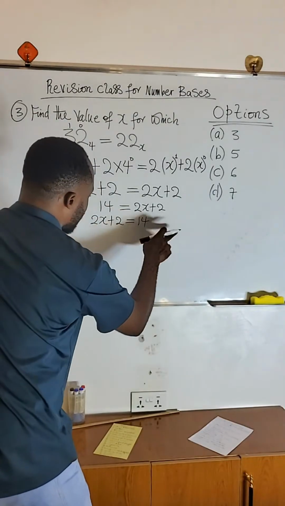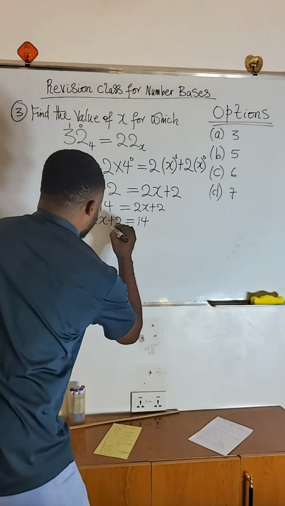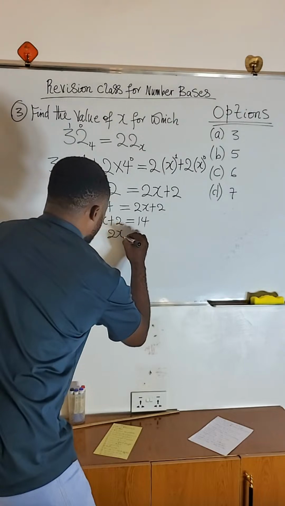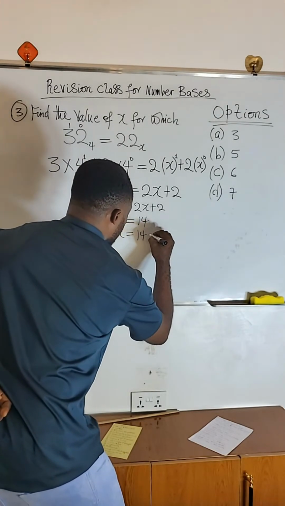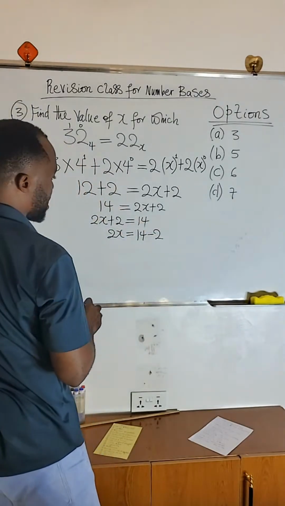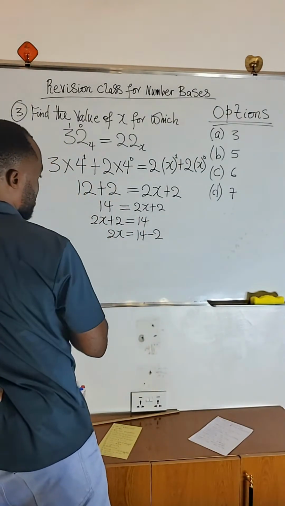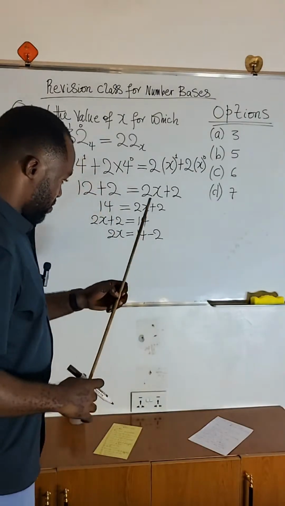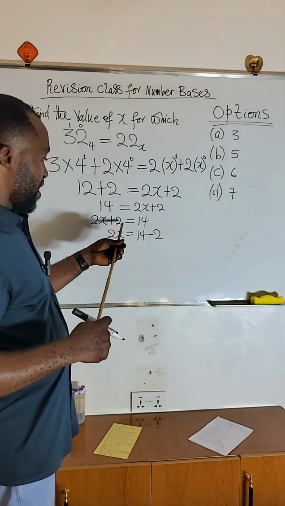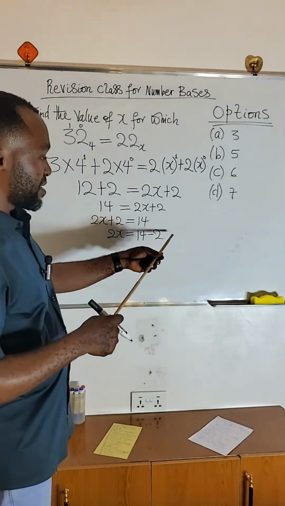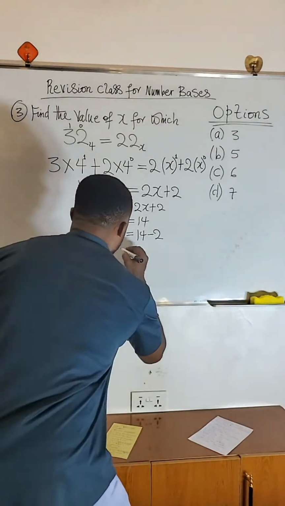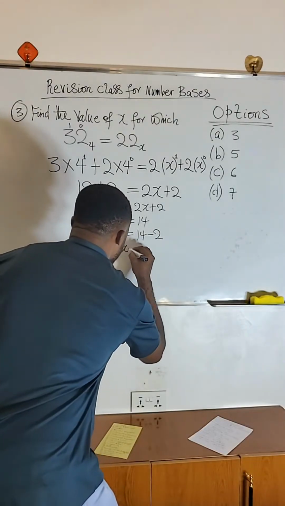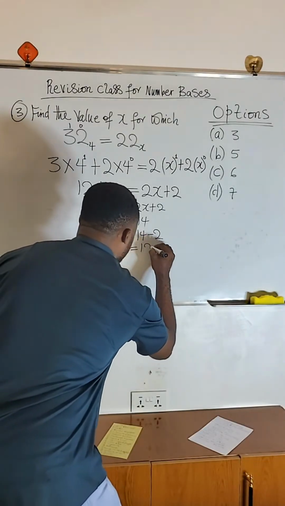If we collect like terms, 2x will be equals to 14 minus 2. Why minus 2? Because here was plus 2. If it crosses this equality sign to the right hand side, it becomes negative. So you now have 2x equals to 12.